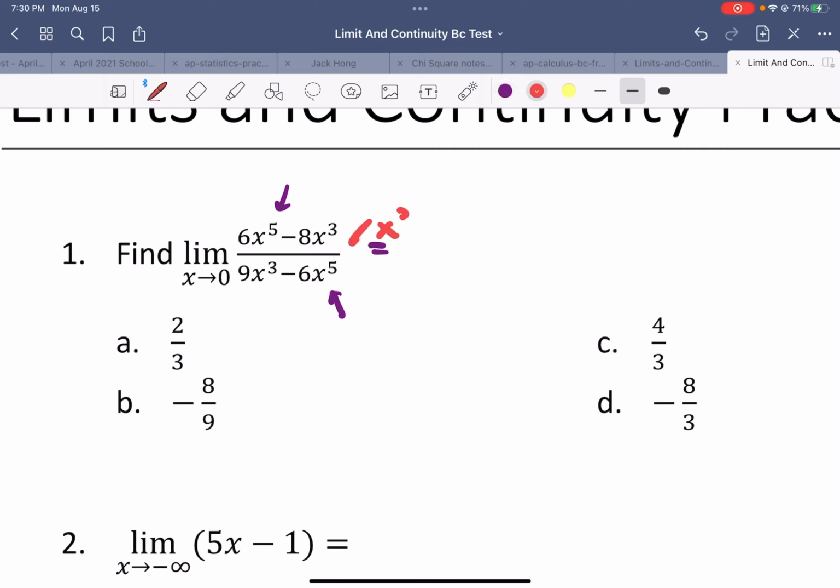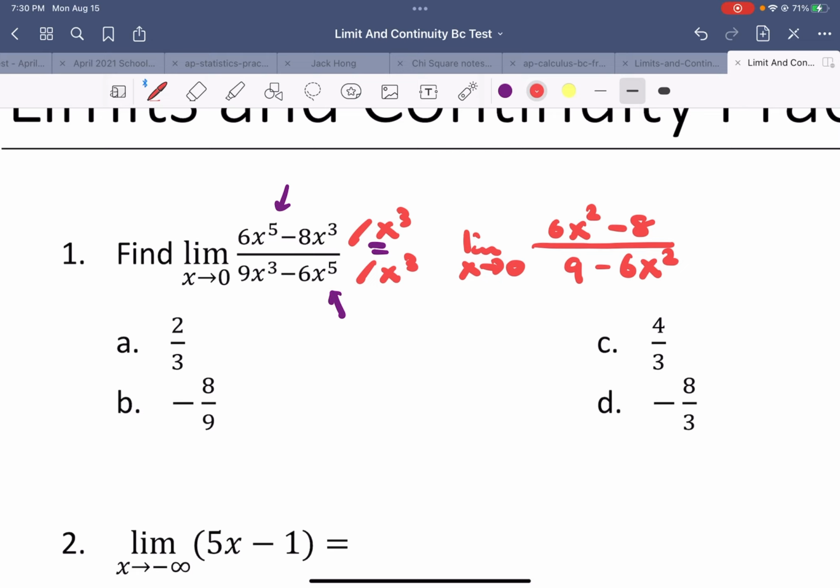Limit as x goes to 0, dividing by x cubed, you get 6x squared minus 8 over 9 minus 6x squared.